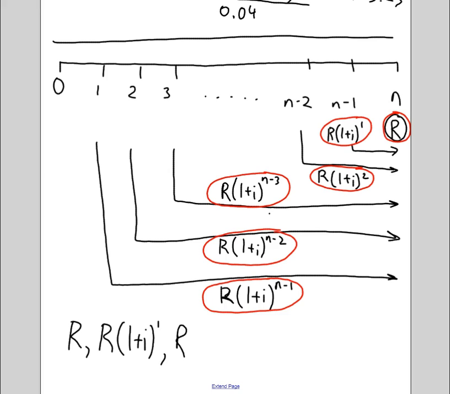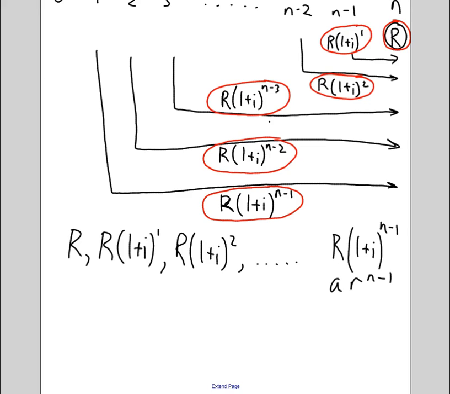Common ratio is 1 plus I, and the number of terms is n, where the very last term is of form a r to the n subtract 1, and you'll very much be right if you recognize this as fitting the general term of a geometric sequence. So we have n terms.